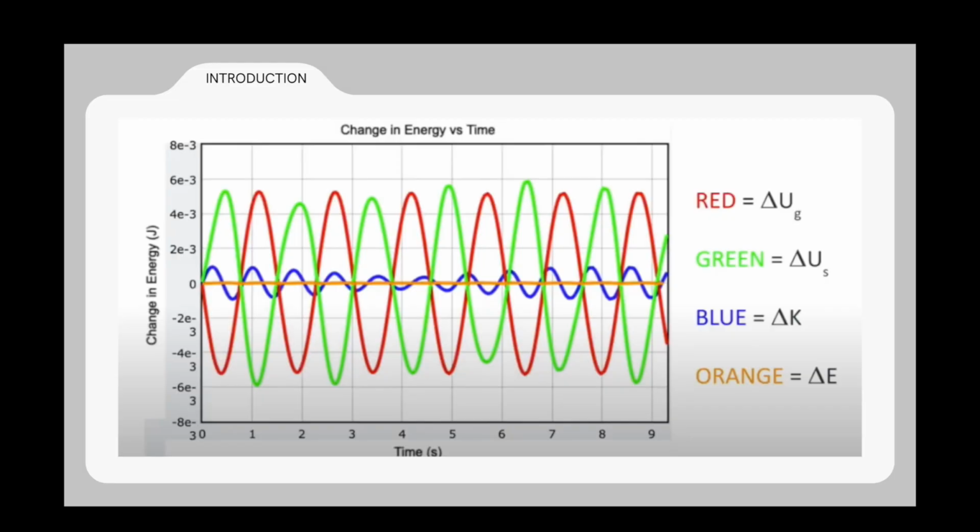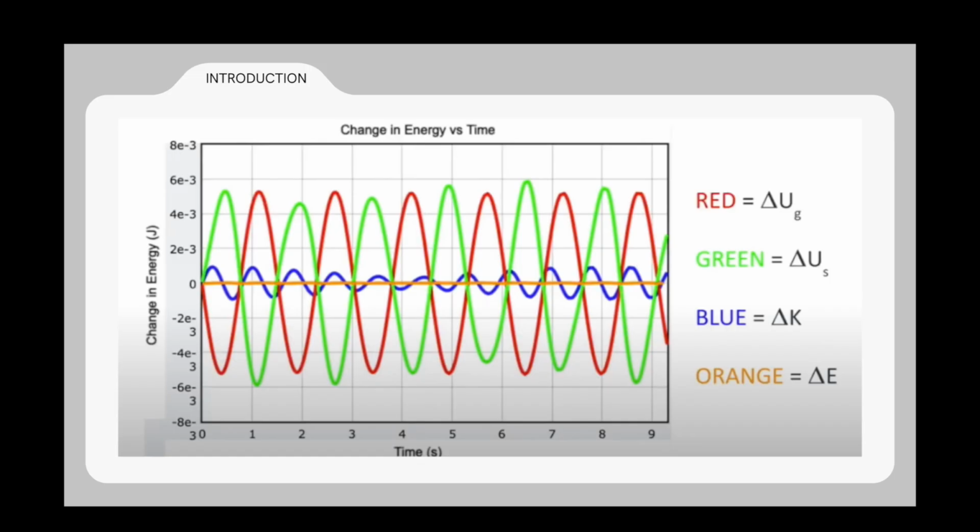A quick introduction to this lab shows the change in potential gravitational energy, potential spring energy, kinetic energy, and change in total energy. This graph is specifically pulled from the GlowScript computational model.